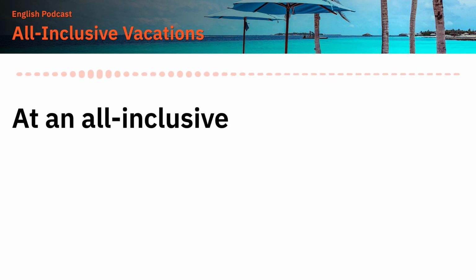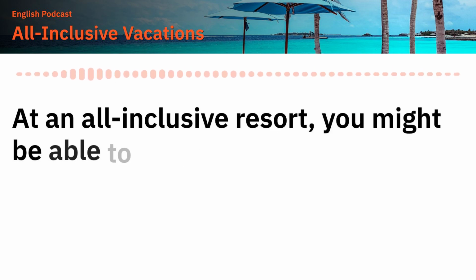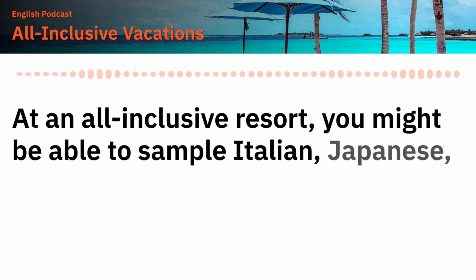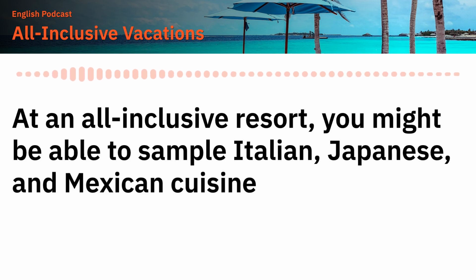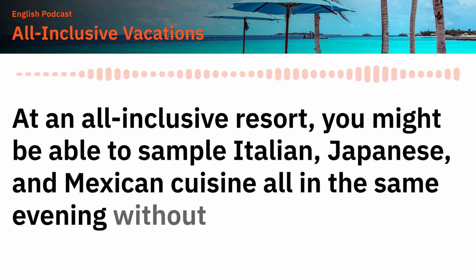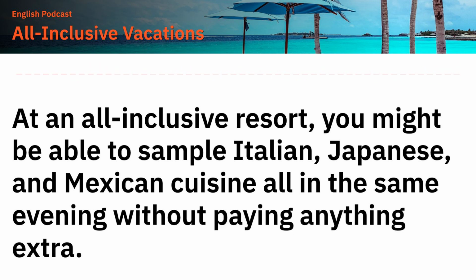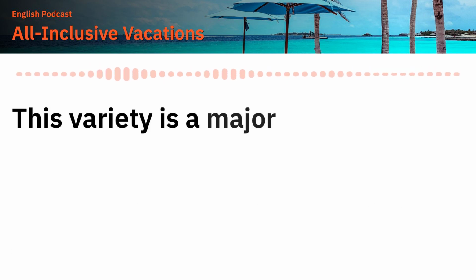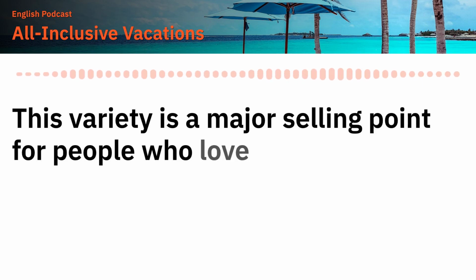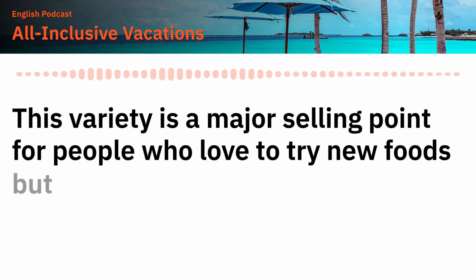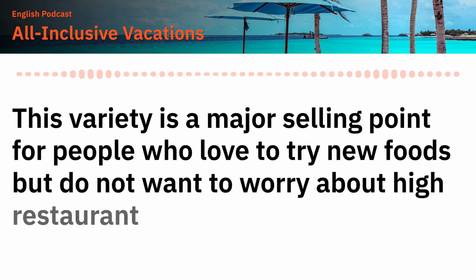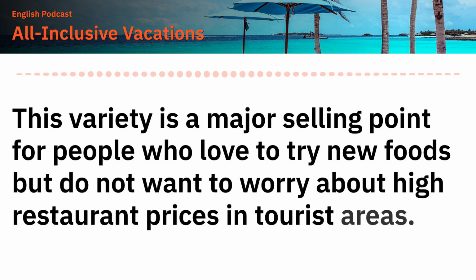At an all-inclusive resort, you might be able to sample Italian, Japanese, and Mexican cuisine all in the same evening without paying anything extra. This variety is a major selling point for people who love to try new foods, but do not want to worry about high restaurant prices in tourist areas.